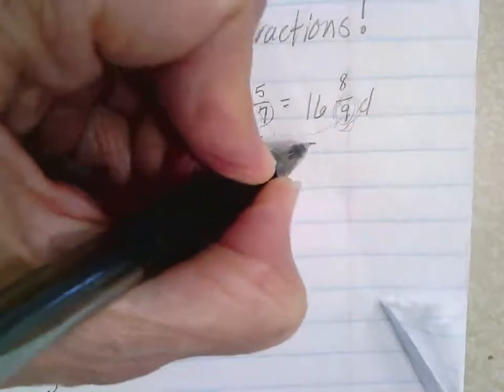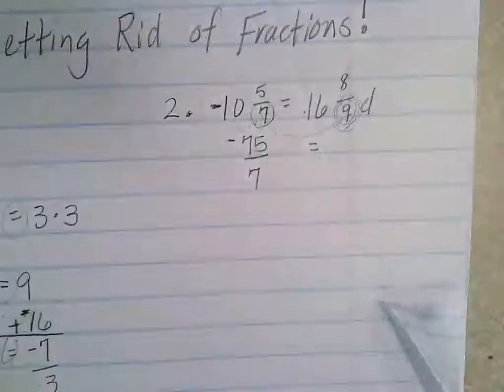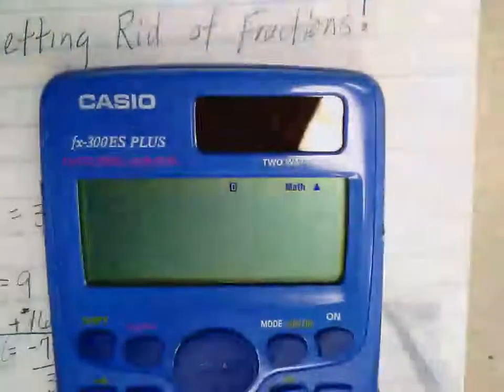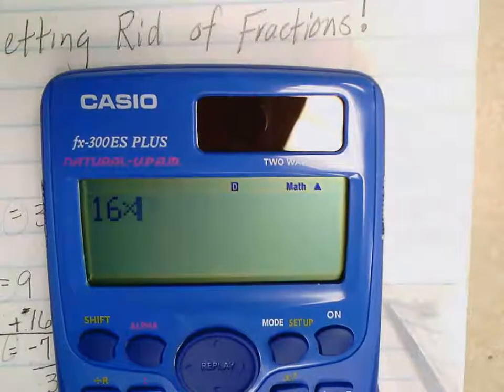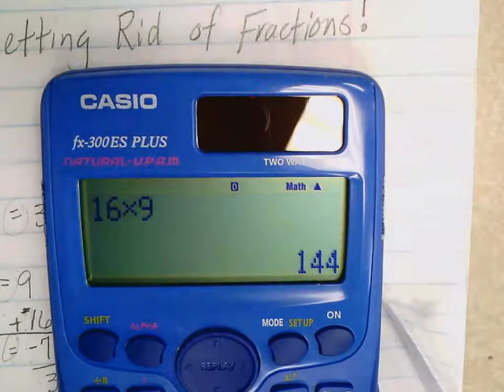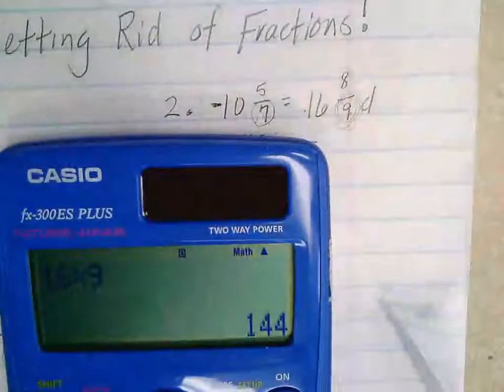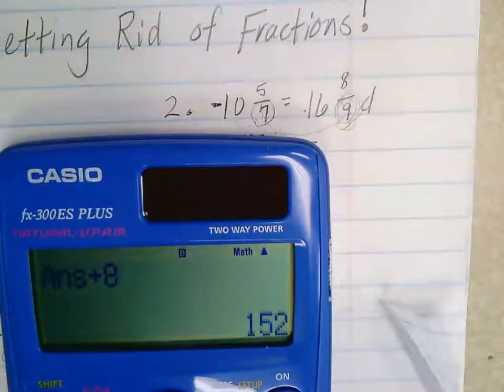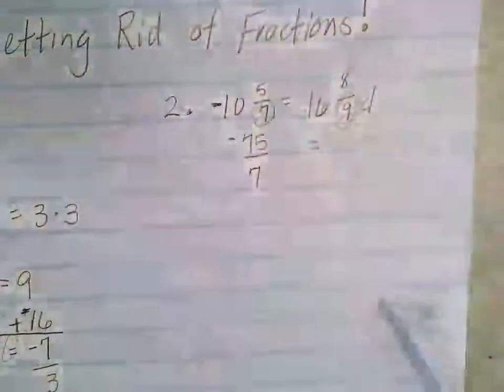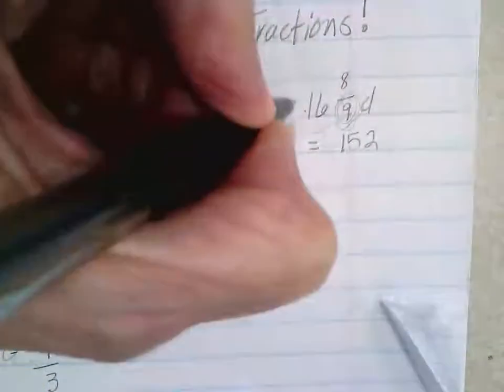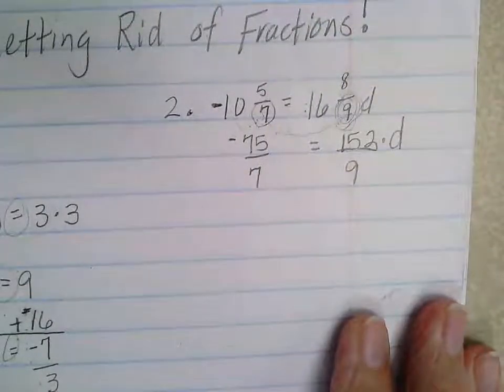And it says that is equal to, I don't know what 16 times 9 is today, so I'm going to use my calculator. 144, and I have to add 8 to that if you wanted to make sure you're doing it correctly. That's 152. So I'm going to have 152, and notice that's positive. I'm going to put it over 9, and that whole thing is multiplied by D.